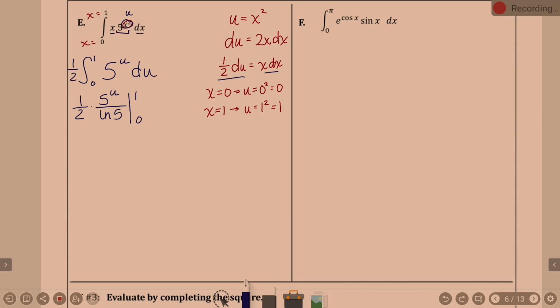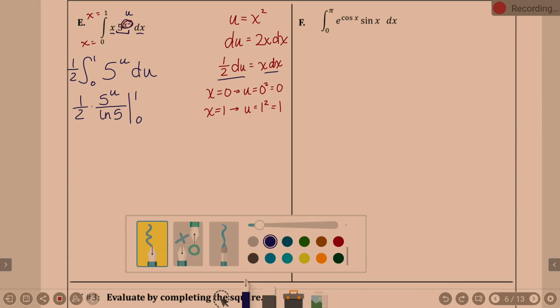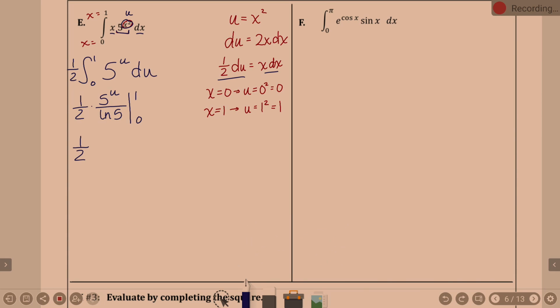Okay. Are you guys doing better than I am, I hope? Again, the 1/2 is a constant. I would leave it out front. In all honesty, what is ln 5? It is a constant, yes? So we have options here. What I started to do is say that it's 5 to the first over ln 5 minus 5 to the 0 over ln 5.